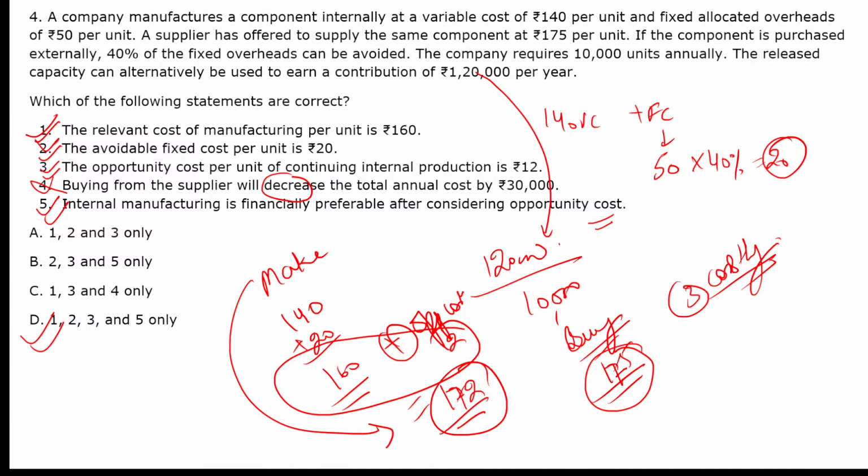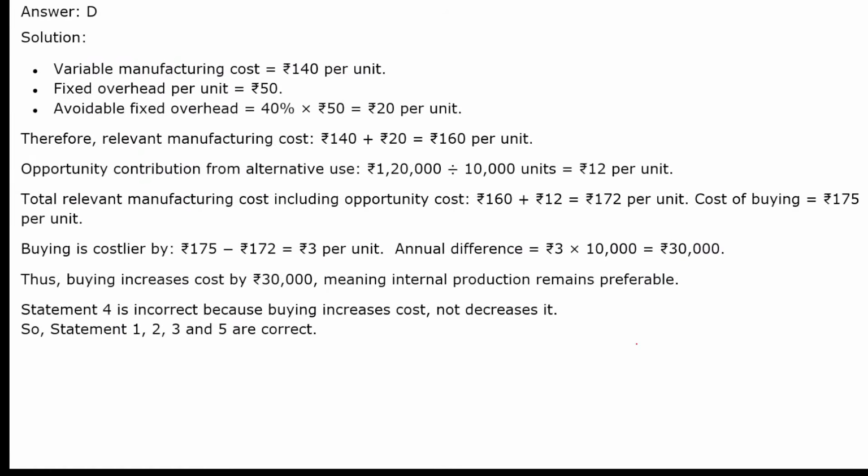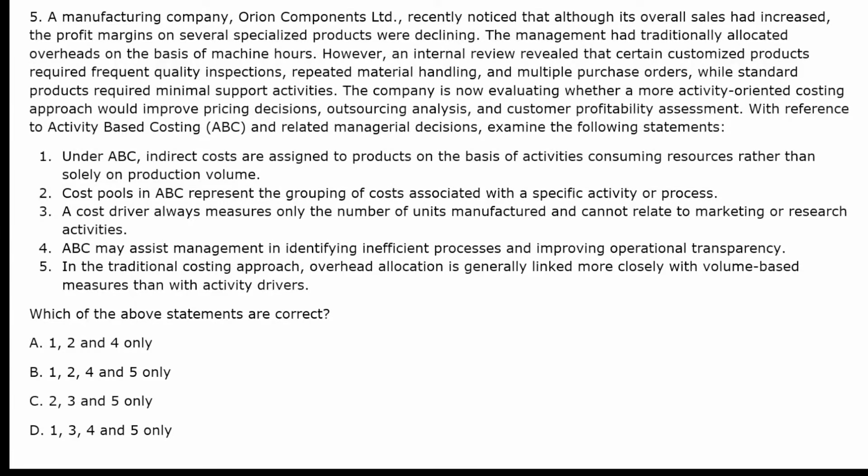Okay, moving ahead. Yes, D was the correct answer. A manufacturing company recently noticed that although its overall sales have increased, the profit margins were declining. The management had traditionally allocated overhead on the basis of machine hours.